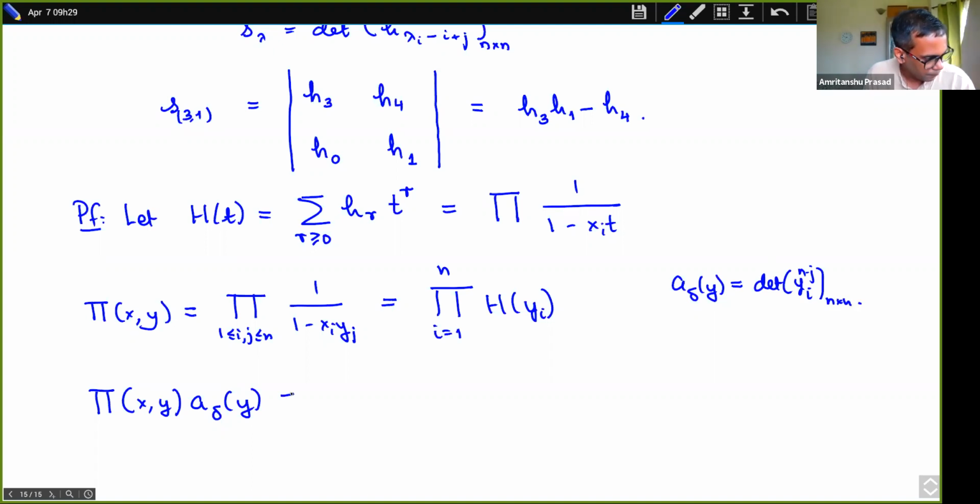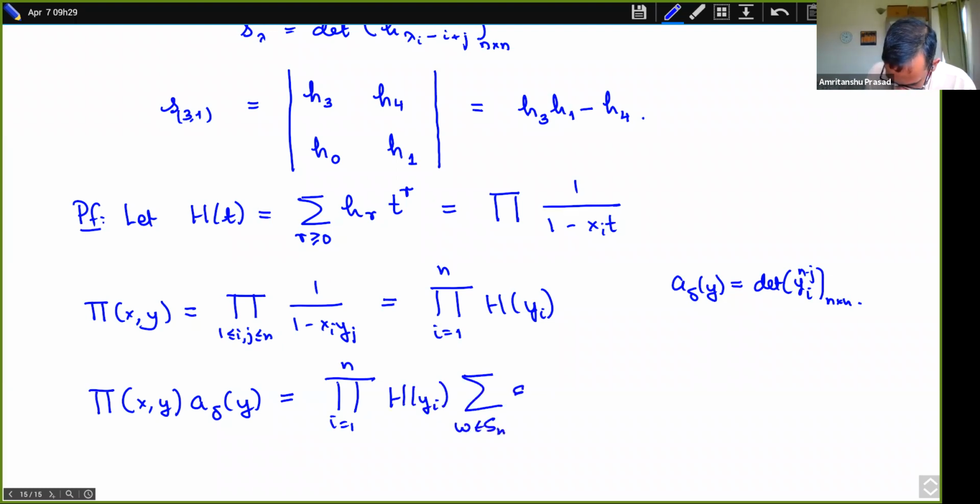So this is going to be the product, sorry, product i goes from 1 to n, of h(yi), and then we have the summation over w in Sn of sign of w times yi raised to n minus wi.